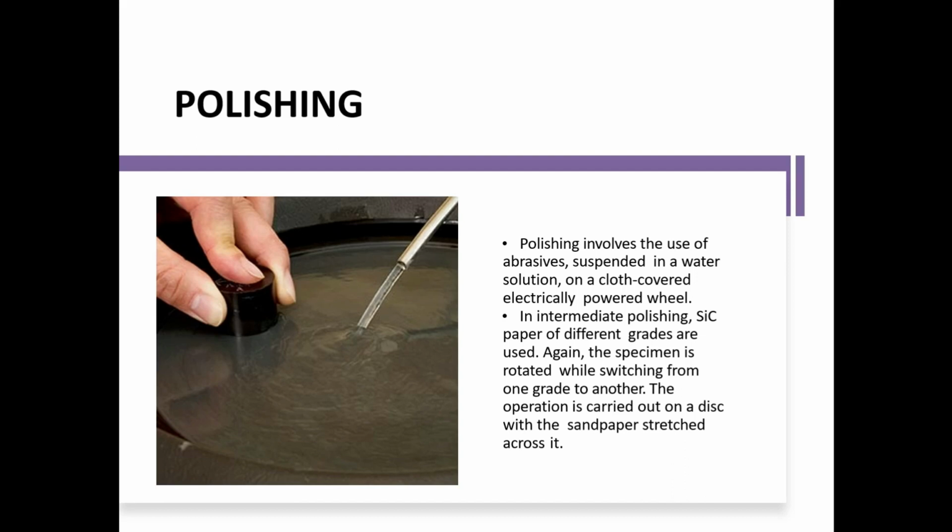So basically, polishing in metallography and in metallurgy is used to create a flat, defect-free surface for examination of the metal's microstructure under a microscope. Polishing is the process of creating a smooth and shiny surface by rubbing.